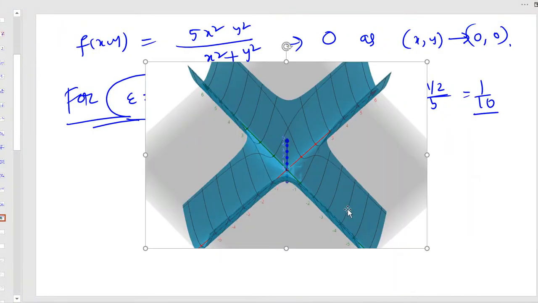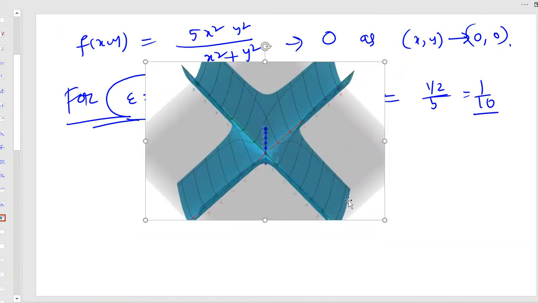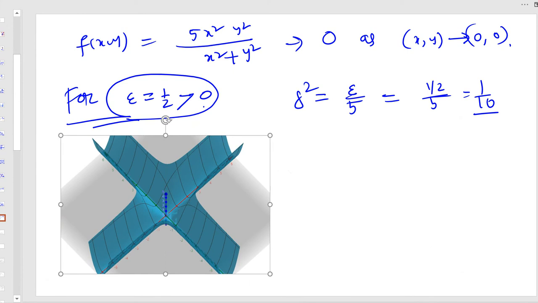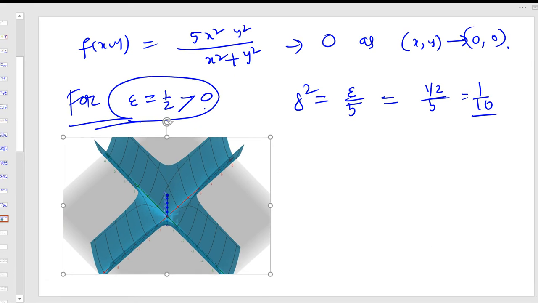The graph of the function will look like this form. This is from the top view; let us take another from the bottom view.